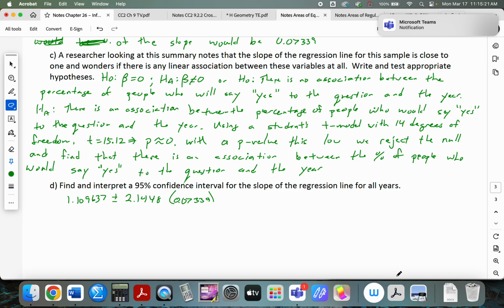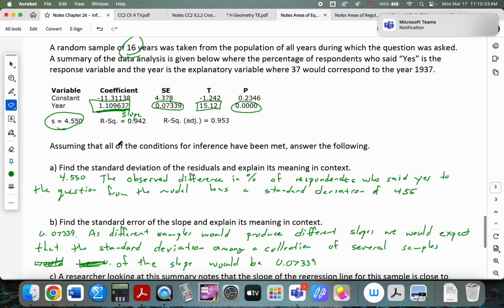Wait, so whenever you have a t equals 15.12, how do you know that that gives you a p-value equal to pretty much zero?